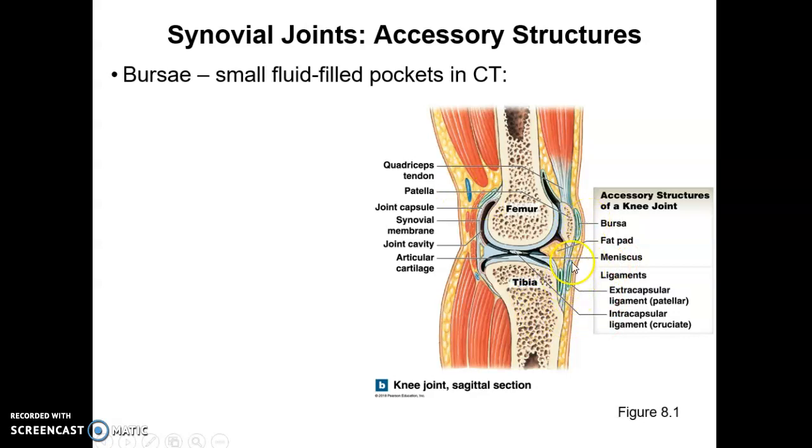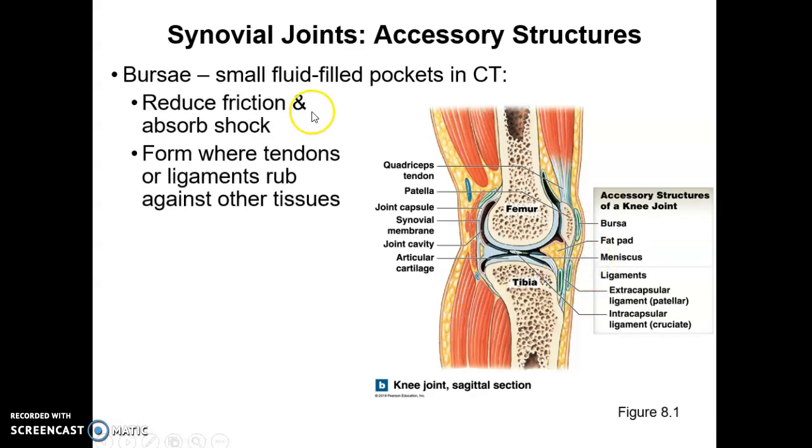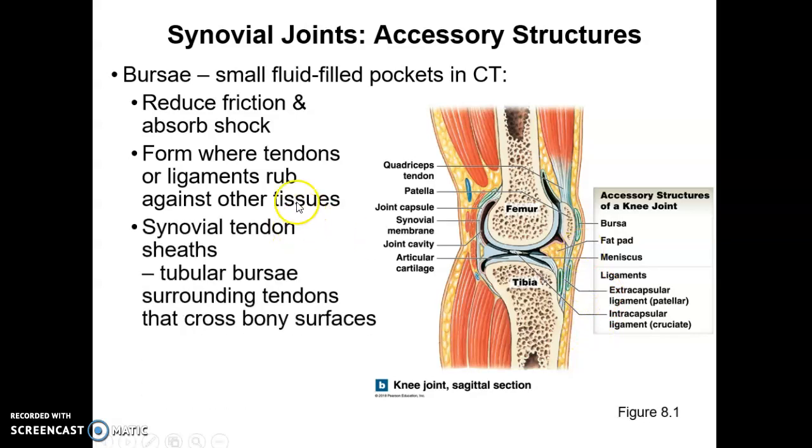They're often found in places where ligaments and or bone are moving to help cushion them and lubricate them in a way, to reduce friction. And they tend to form where tendons and or ligaments might rub up against other tissues. We'll see a number of them in the shoulder joint as well.